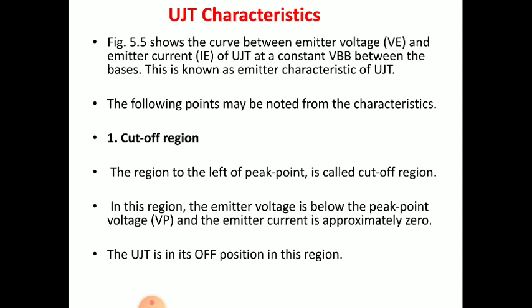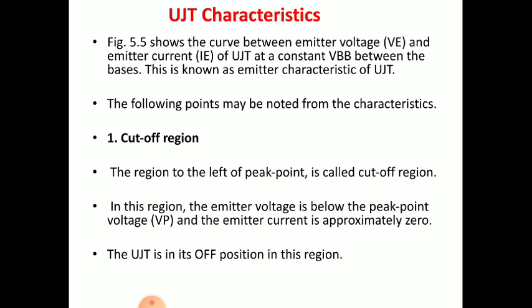In the previous video lesson, we learned about special semiconductor devices, the varactor diode first, and then we went to the topic UJT, the unijunction transistor. In the case of the unijunction transistor, we have seen the construction and working of the UJT.